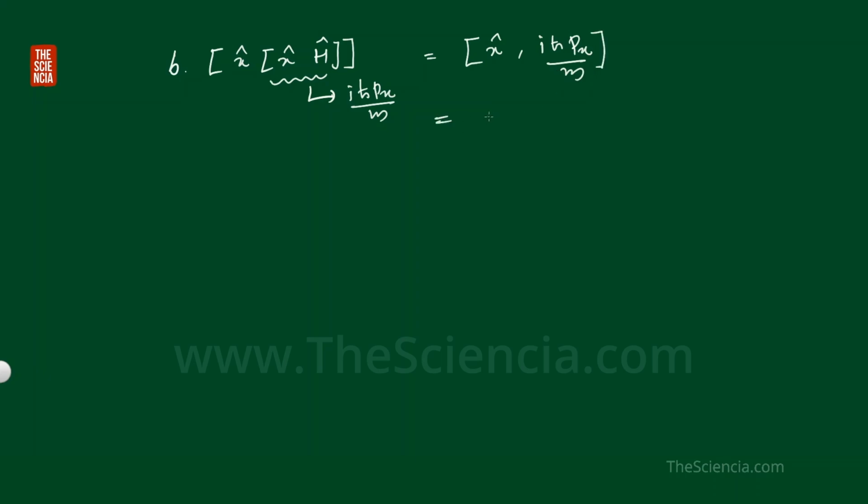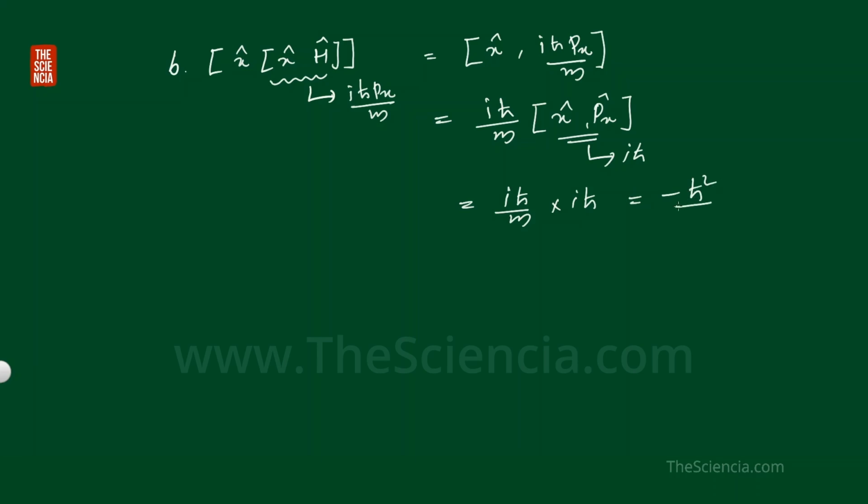That is equal to, we can take the constants outside, that is i h cross by m into x cap px cap. So what is the value of this one? That is equal to i h cross by m into i h cross. So this is equal to minus h cross square by m.